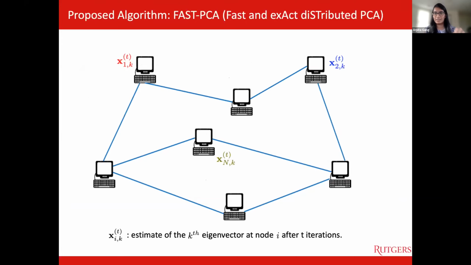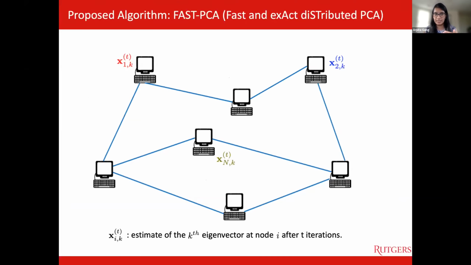So again, let's talk about the network that we had. We have a network of connected nodes, and let x_{i,k,t} be the estimate of the kth eigenvector of the data covariance matrix at node i after t iterations.